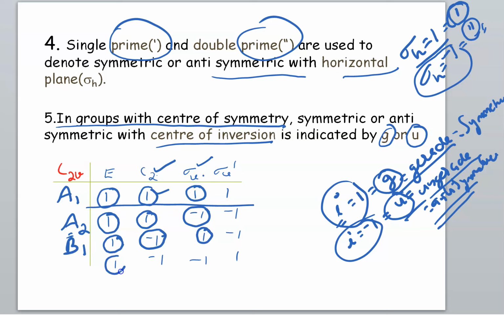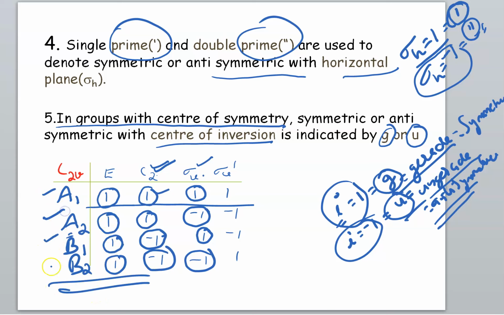Here also one-dimensional, anti-symmetric to the principal axis C2, so again B, but anti-symmetric to the first vertical plane. It is B2. Clear? This is for the 4 IRs of C2v: A1, A2, B1, B2.